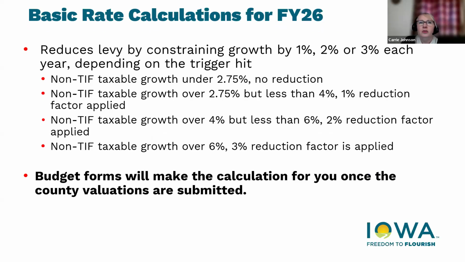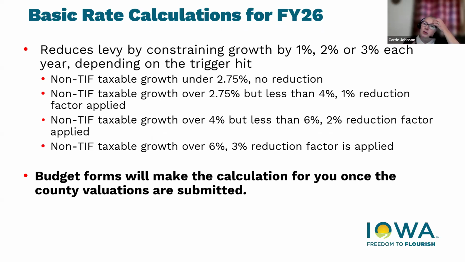So if we're talking about those rate calculations for fiscal 26, the budget you're going to be doing, your levy is constrained, your growth is constrained by 1%, 2%, or 3% each year, depending on a trigger hit.